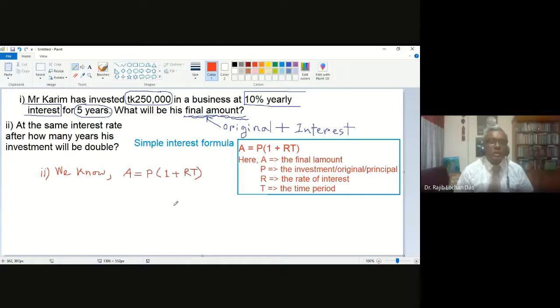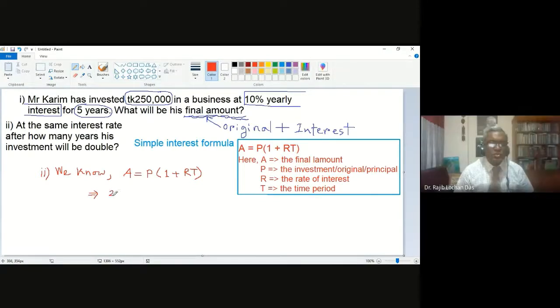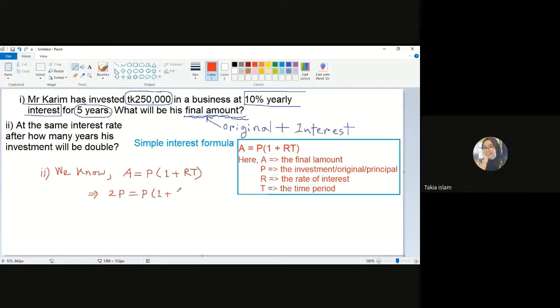So A and P are given and R is also given. So in the next line you can write this is 2P in the left side. Is that okay? Do you understand? Yes, sir.